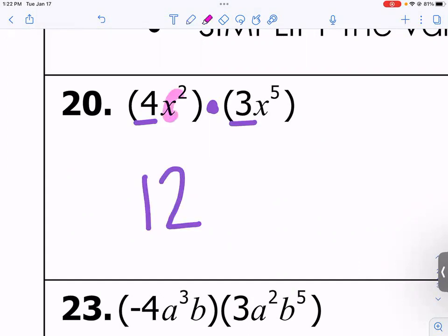Then if we're going to take x squared times x to the 5th, it would become x to the what? It would become x to the 7th because we would need to add the exponents. When we're multiplying, we add the exponents. Is that okay? Yes. You good with that? Okay.